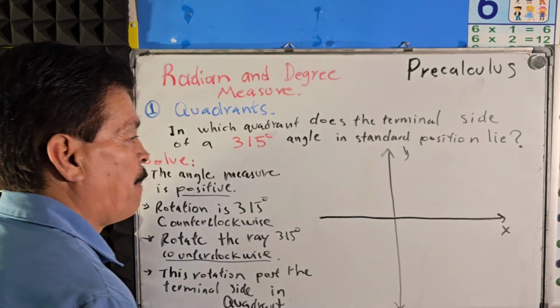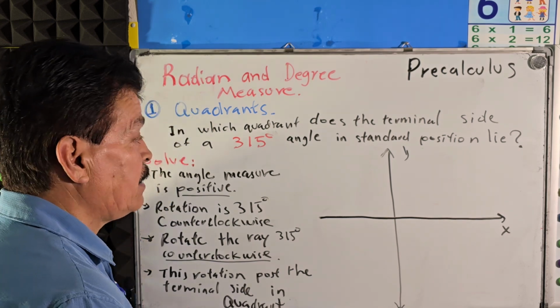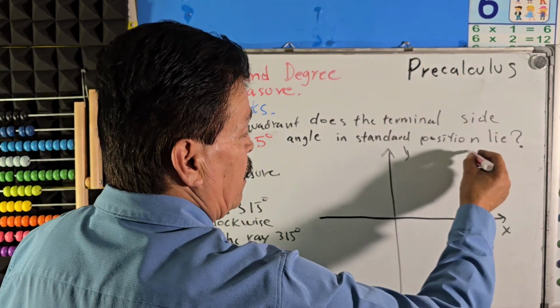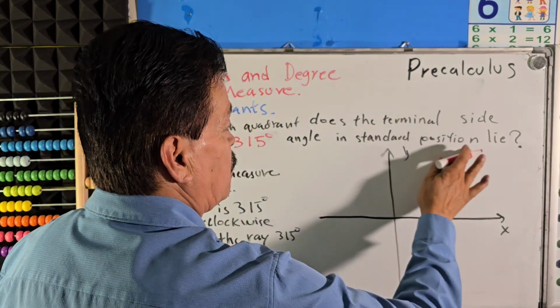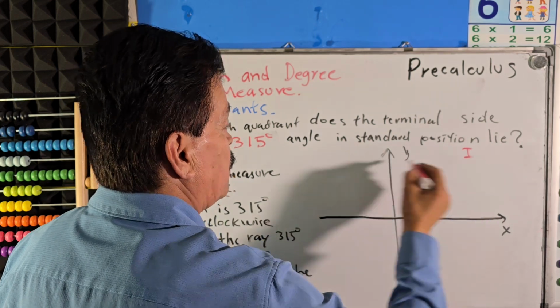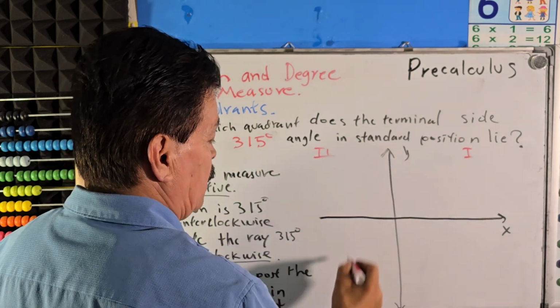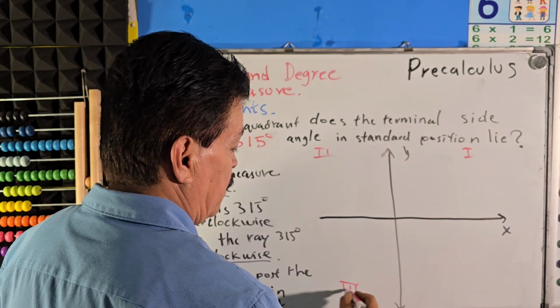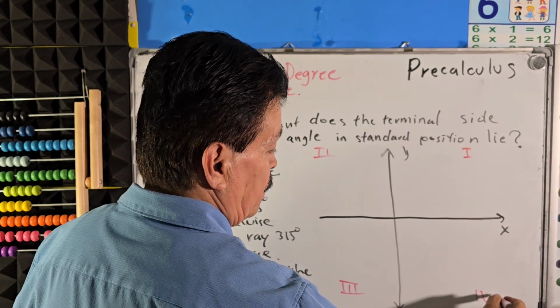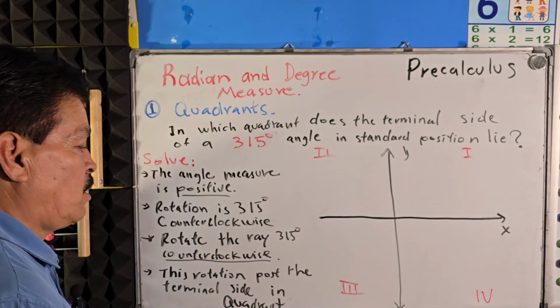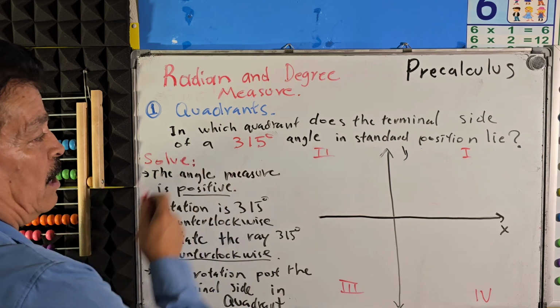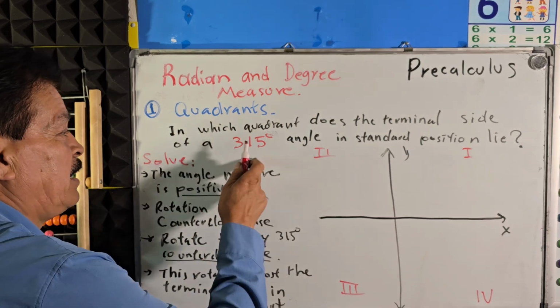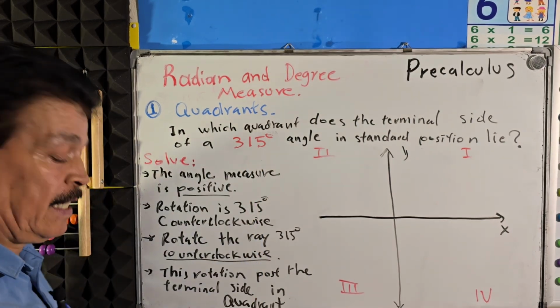Okay, let's write the quadrants. Remember, this is quadrant 1. Let's write these numbers. This is 2, this is 3, and this is 4. Right? So look at our angle. How many degrees? 315 degrees.